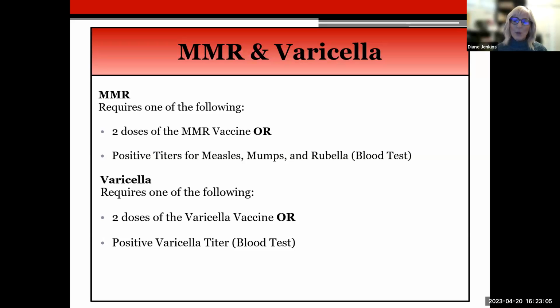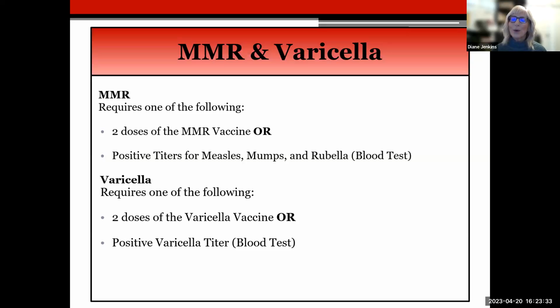What a blood test requires is they'll draw blood and test to see if you have positive titers for measles, mumps, and rubella. I'm just going to break it down so you understand. They're going to check to make sure your blood has what we call antibodies that are positive for measles, mumps, and rubella.